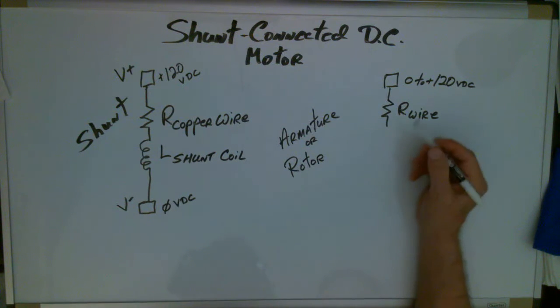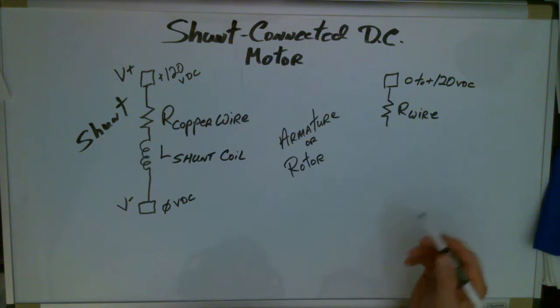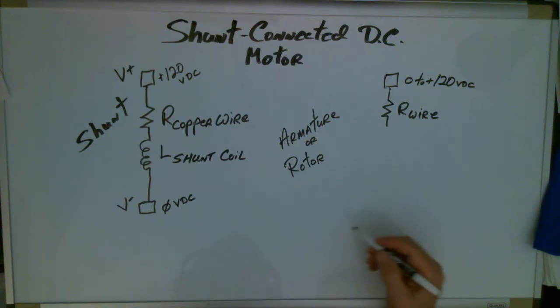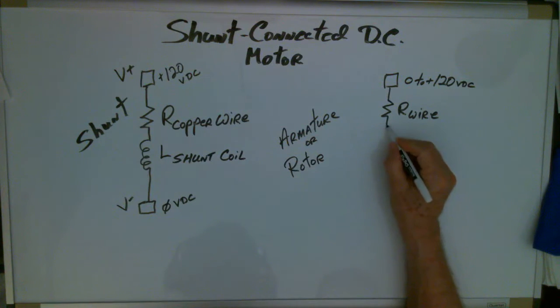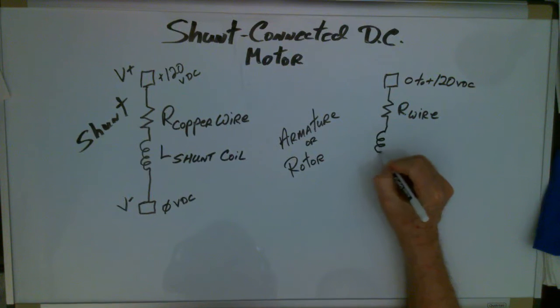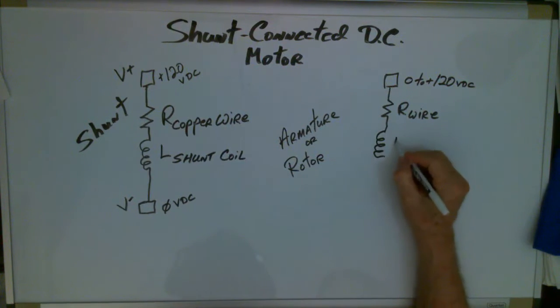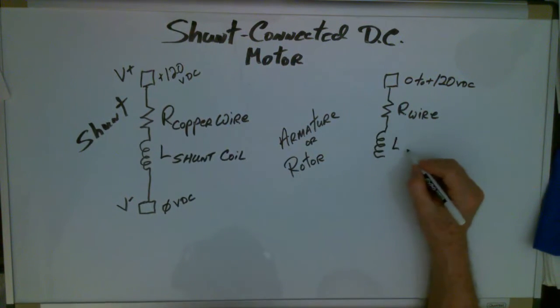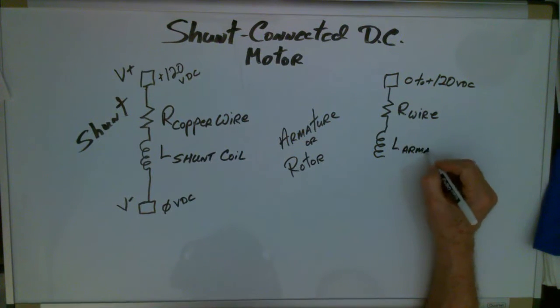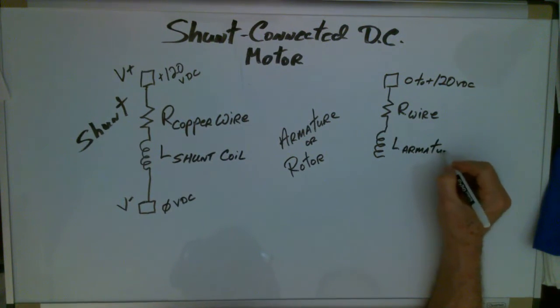Now, the purpose of having wire in the rotor is so that I can have a coil, so I can produce a substantially strong magnetic field. So we'll come down here and draw a coil again, and we'll call that the inductance of the armature or the rotor, whatever you like.